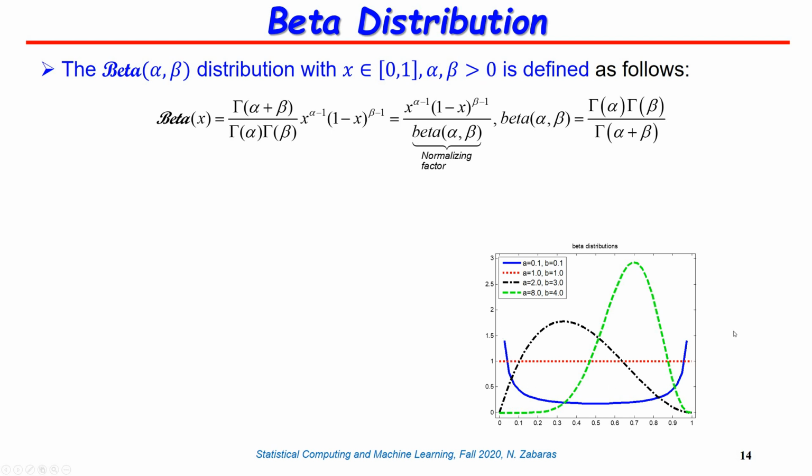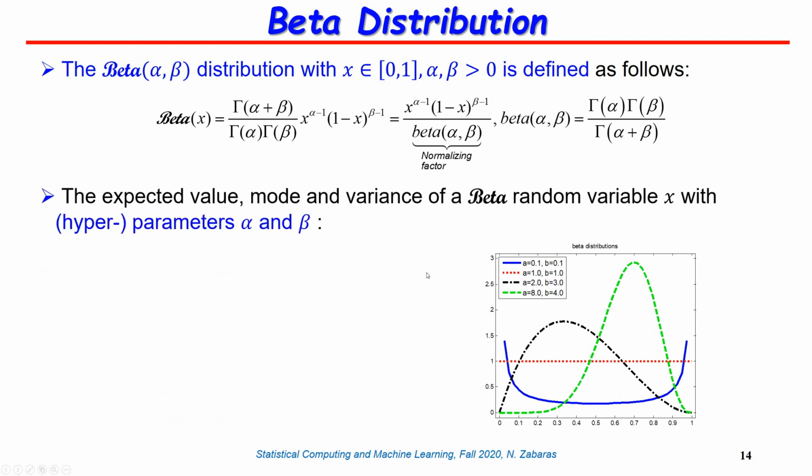Now, you can see here a few plots of the beta distribution, and for most values of alpha and beta, you can see the distribution is unimodal. It has only one mode. But if alpha and beta are less than 1, as in this blue curve, you can see that we have two peaks concentrated near x equal to 0 and near x equal to 1.